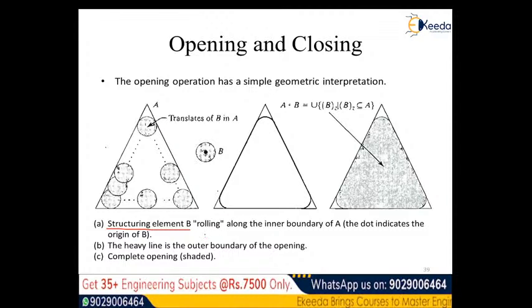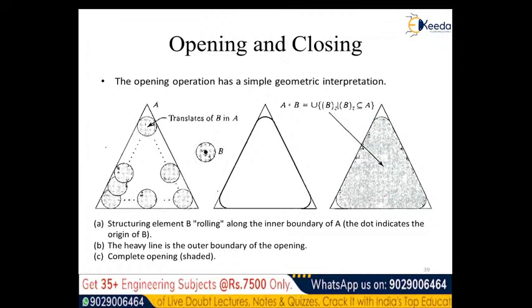So the structuring element B we have to roll along the inner boundary of A. In part B, you see the heavy line is the outer boundary of the opening. So these curvatures you find instead of the sharp corners of the triangle, and the complete opening will be shown by the shaded portion.